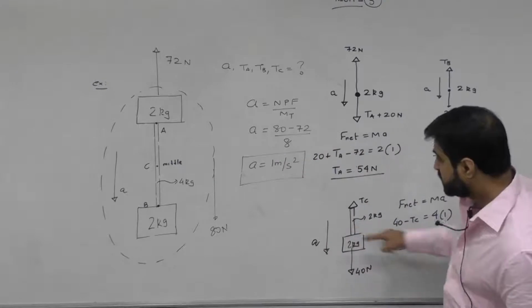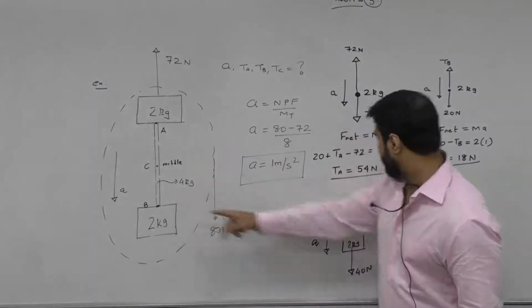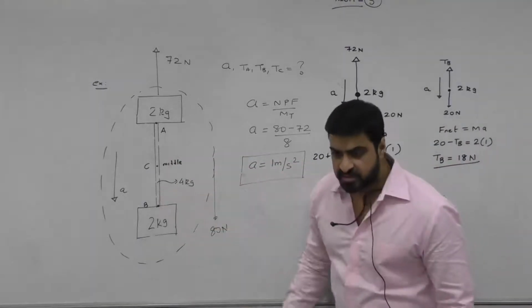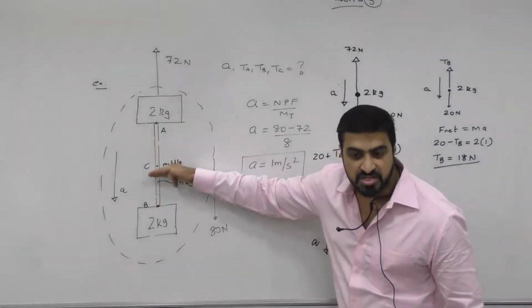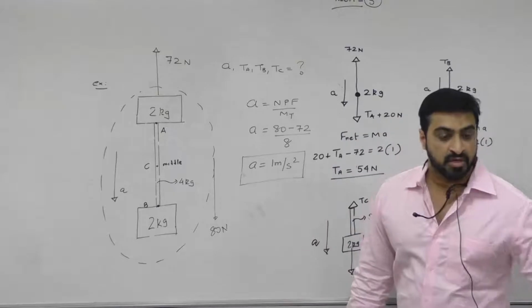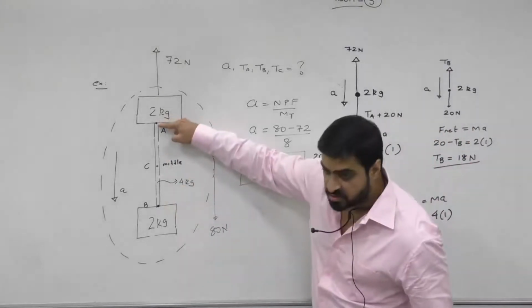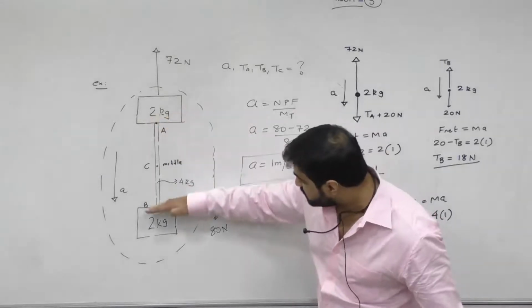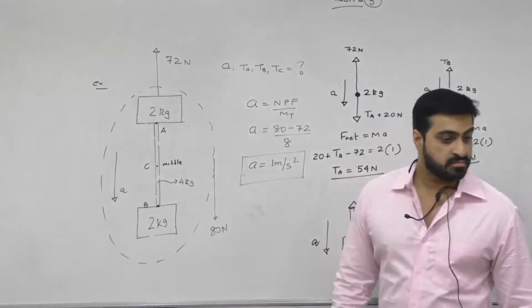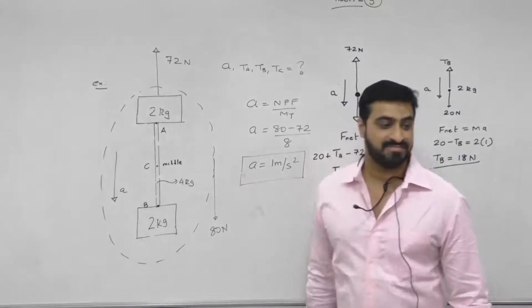C is 36. B is 18. Means as I go down, the tension becomes lesser and lesser. You know why? Because this part is holding this part as well as this part. So the tension will be more.